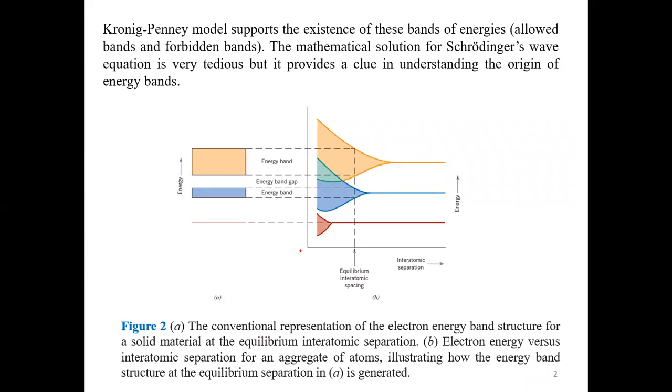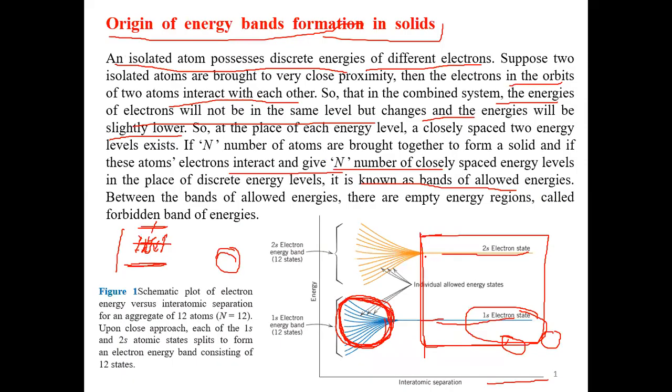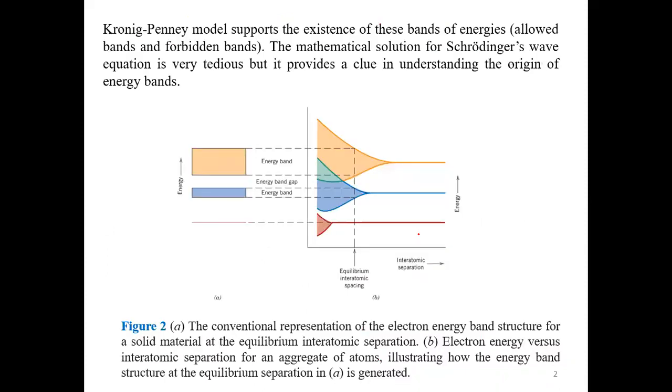To explain the energy band exactly, we need to use quantum mechanics. Later on we are going to use quantum mechanics to find out how the energy bands are formed. There is a model called the Kronig Penney model, which supports the existence of these energy bands.